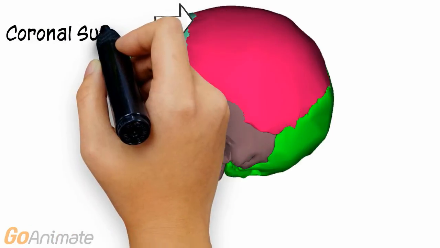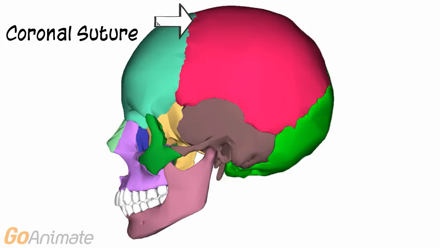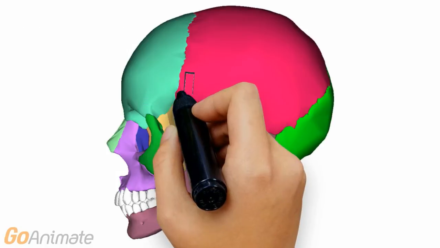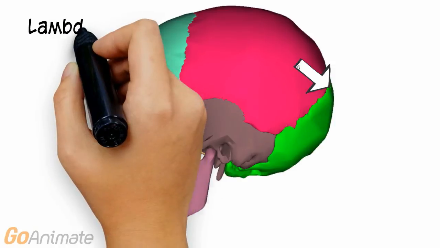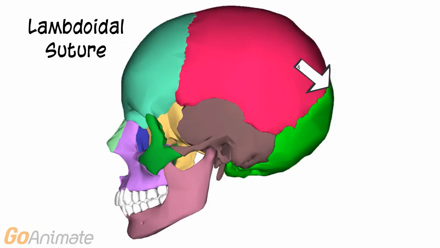We also see the coronal suture on the lateral view. Here is another suture known as the squamous suture. The lambdoidal suture connects the occipital bone to the other skull bones.